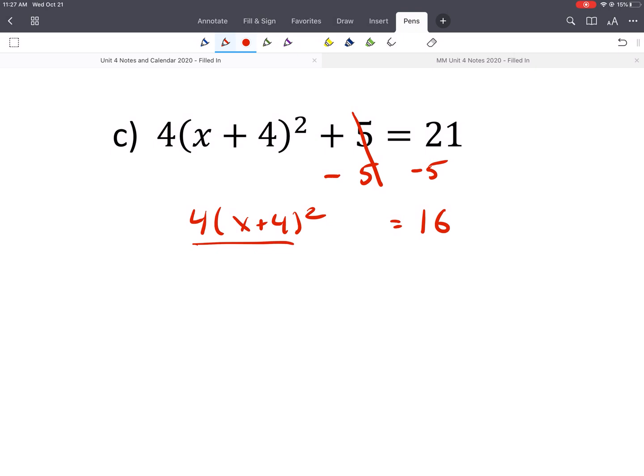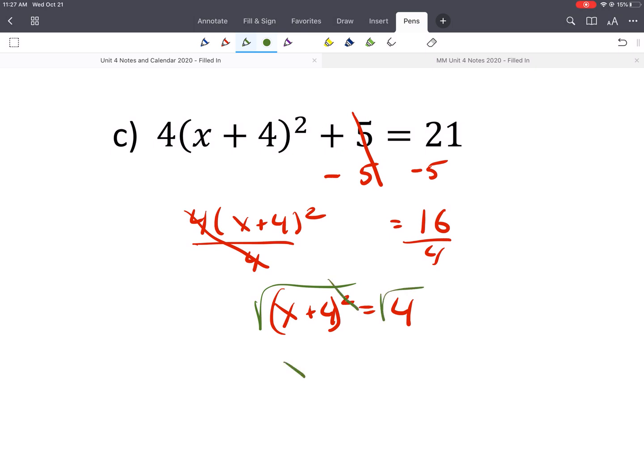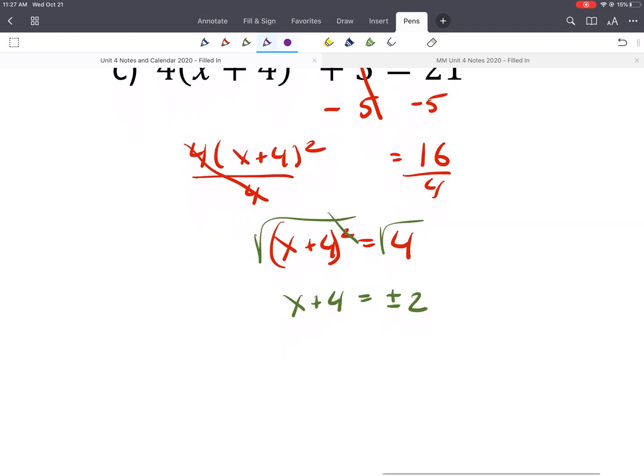And then we'll divide both sides by 4. x plus 4 squared is equal to 4. We'll square root. x plus 4 is equal to plus or minus 2. And then we will subtract 4. So x is equal to negative 4 plus or minus 2.